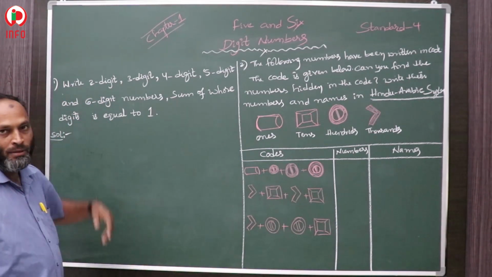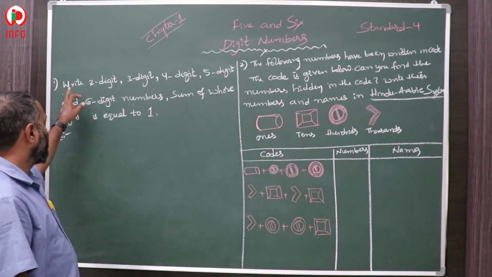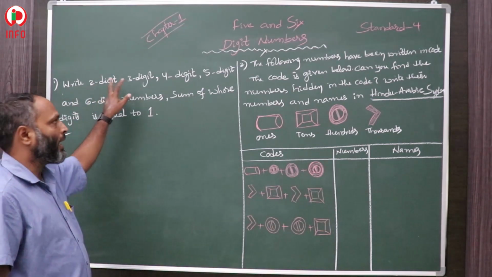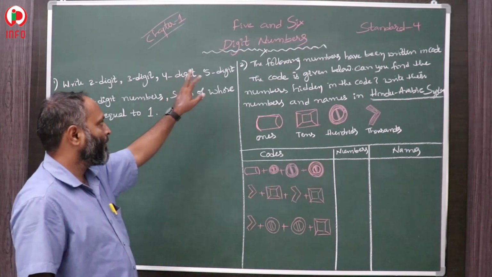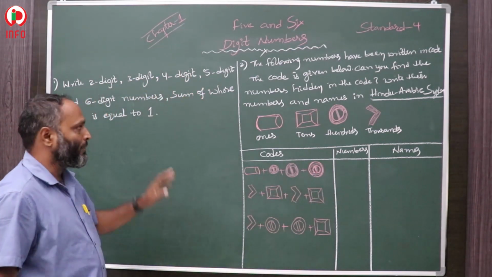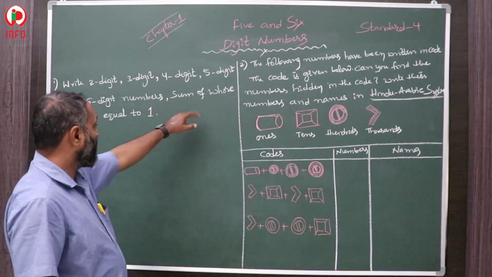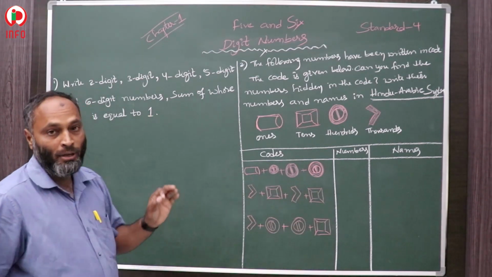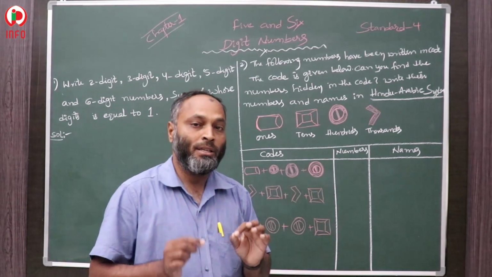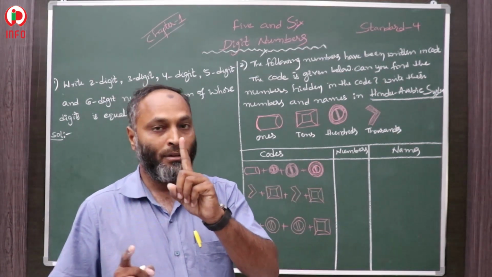What is in the first question? It is given that write a 2 digit number, a 3 digit number, a 4 digit, 5 digit and 6 digit number. Which type of number do we have to write? If we add the digits, the sum should be equal to 1.